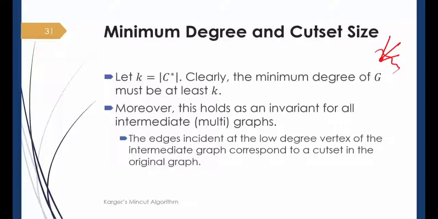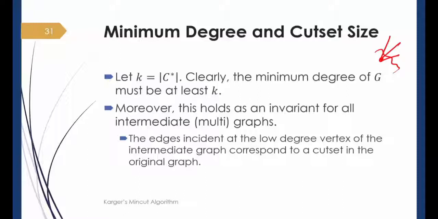The supernode with degree less than k can be put on one side, and all other vertices on the other side, and the cut set that induces will be of cardinality less than k, and that will contradict the assumption that k is the cardinality of a minimum cut set.